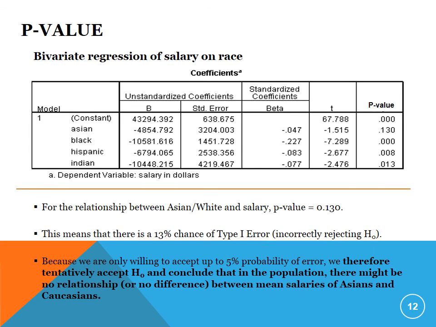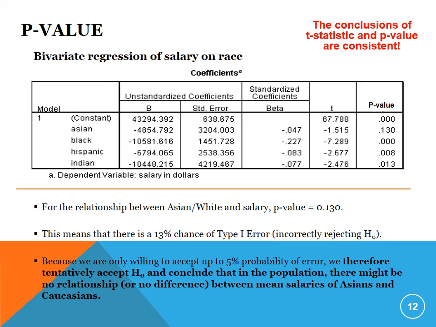So because we are only willing to accept up to 5% probability of error, we therefore tentatively, we can never fully accept anything, so we tentatively accept the null hypothesis and conclude that in the population there might be no relationship or there might be no difference at all between the mean salary for Asians and the mean salary for Caucasians. Okay?